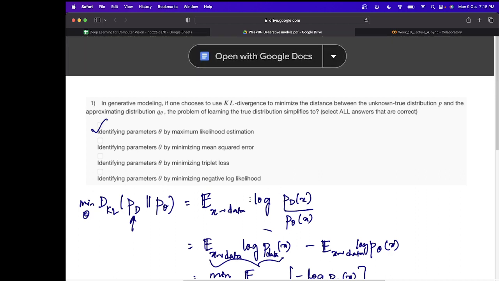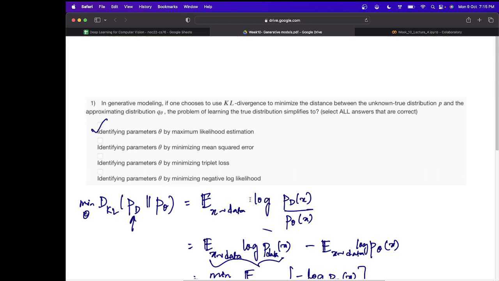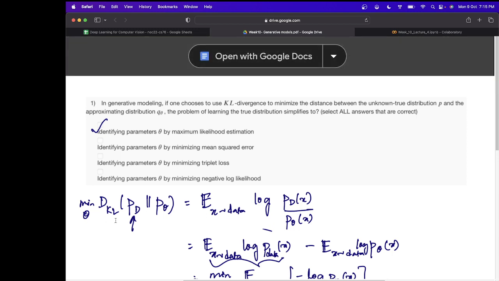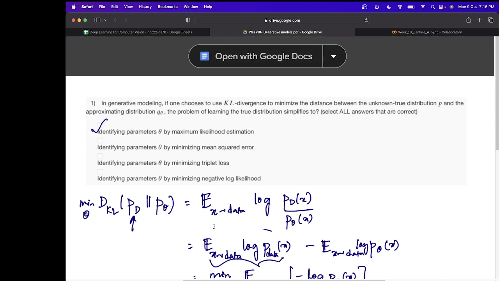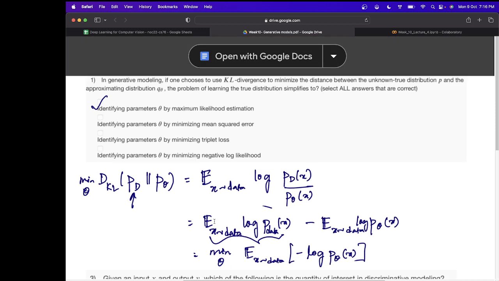We can ignore this at this point because it doesn't matter for our minimization, which only involves theta, the terms that have P theta. In the normal KL divergence loss, it's P_D of x log P_D of x by P theta of x. But since P_D of x is independent of theta, it's okay not to consider it.